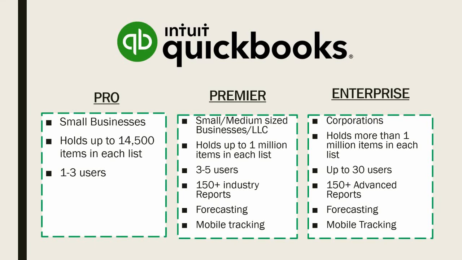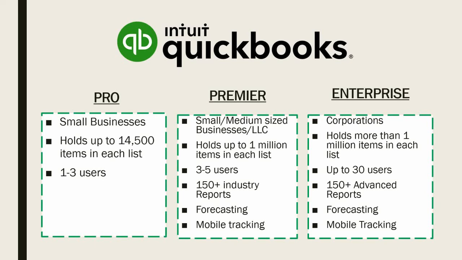So in this case, it's for smaller businesses that don't need too much in regards to functionalities. They don't need to deal with things like, for example, industry-specific reports. Because for a small kind of business, you can also use Pro for your personal income and expenses.